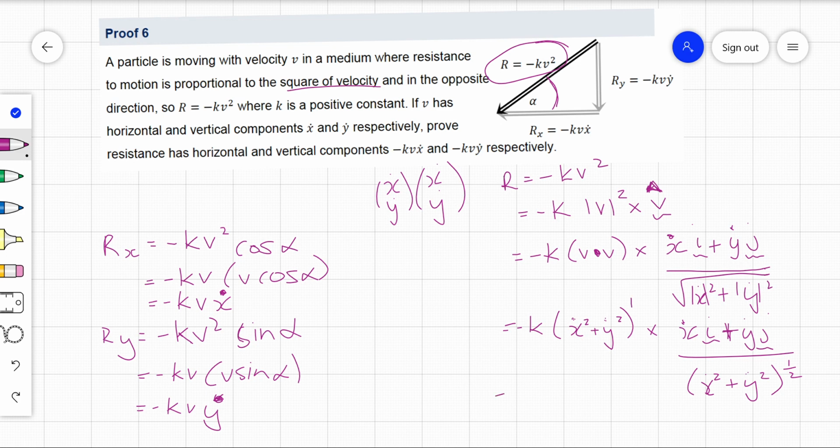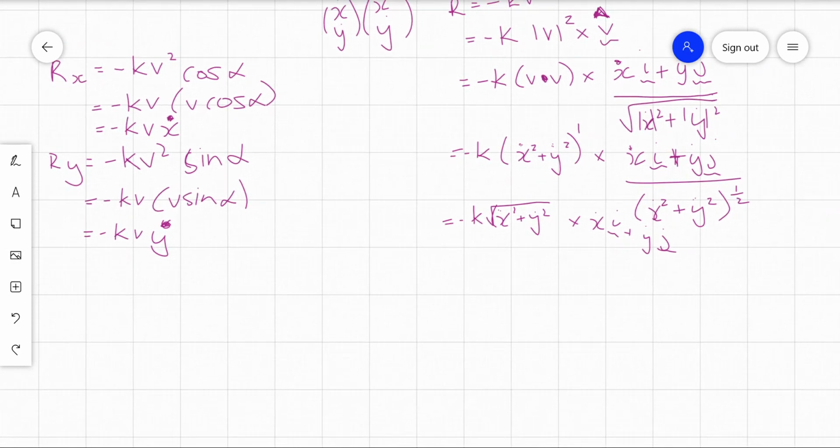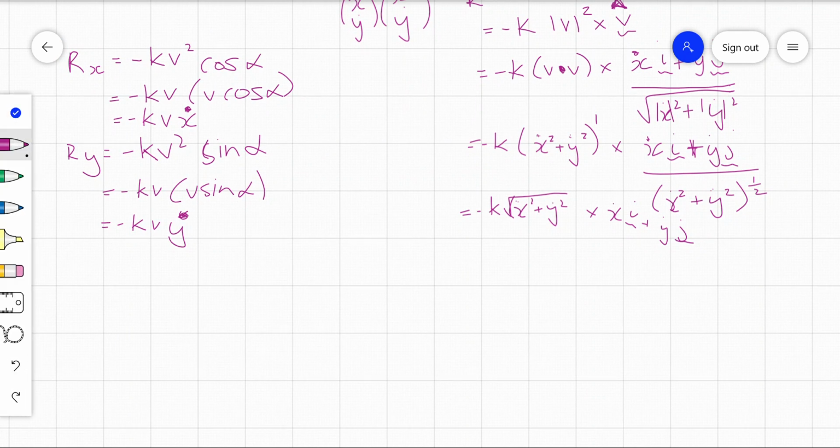So if I put those bits together, I've got minus k, and 1 take away a half is a half. So I'm going to have the square root of x dot squared plus y dot squared. And then I've got left this x dot i plus y dot j. And if I split that up, we know this is just minus k.